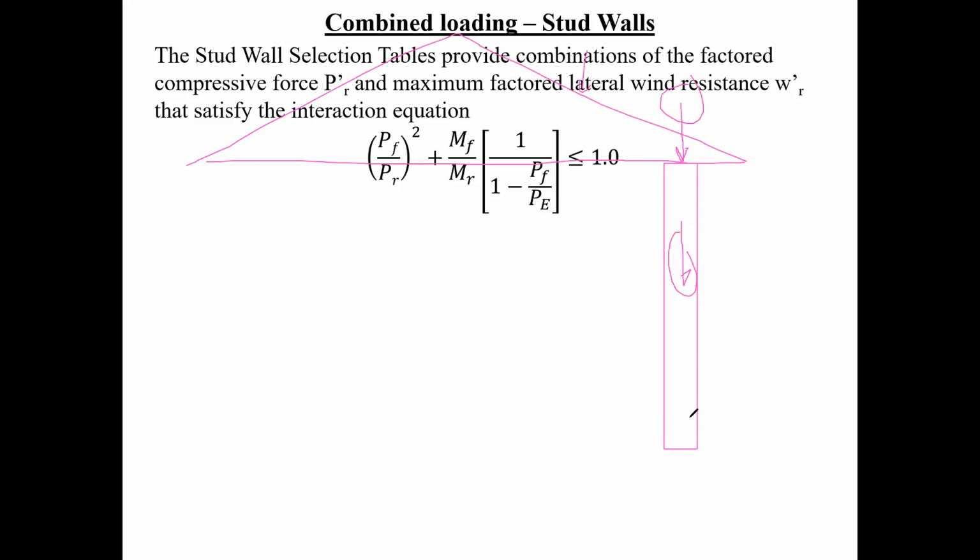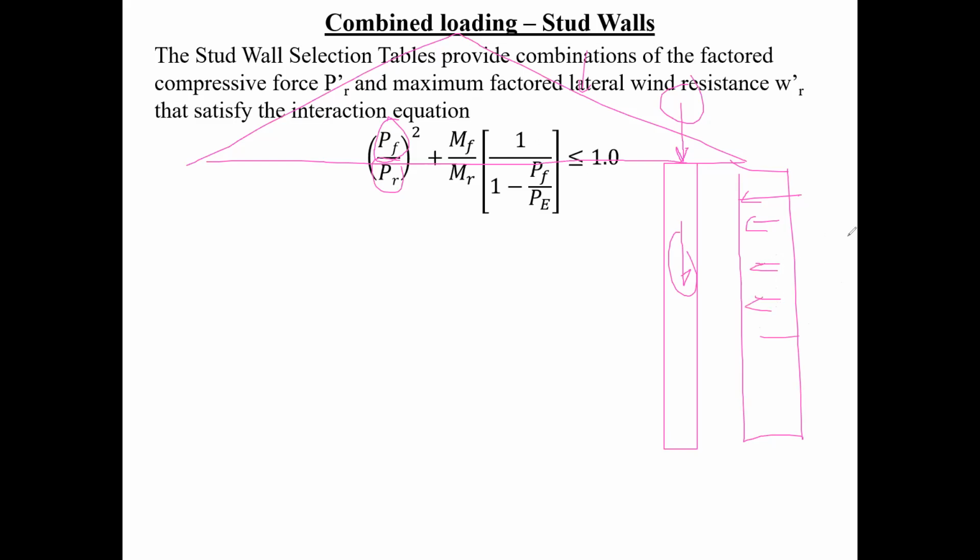That's your gravity loads, your vertical loads, your PF over your PR. And then at the same time, you're going to have some kind of wind blowing onto the wall.